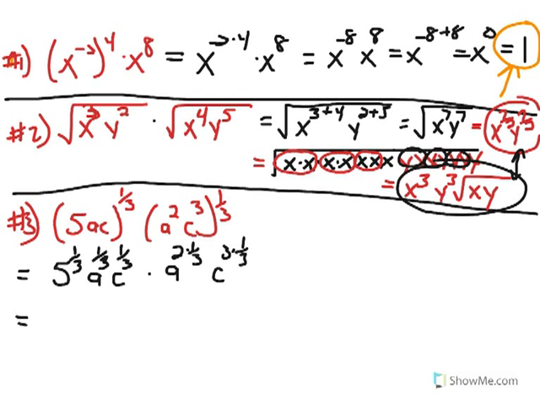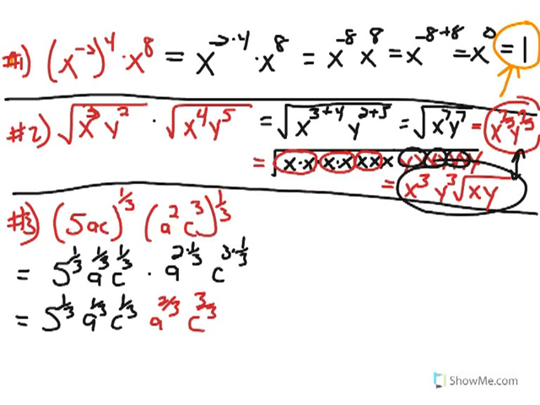Simplifying this a bit, 5 to the 1/3, a to the 1/3, c to the 1/3, and then a to the 2 times the 3rd would be a to the 2/3, and then c to the 3 times the 3rd. Could write it as 1, I'm going to write it as 3/3, and you'll see why here shortly.